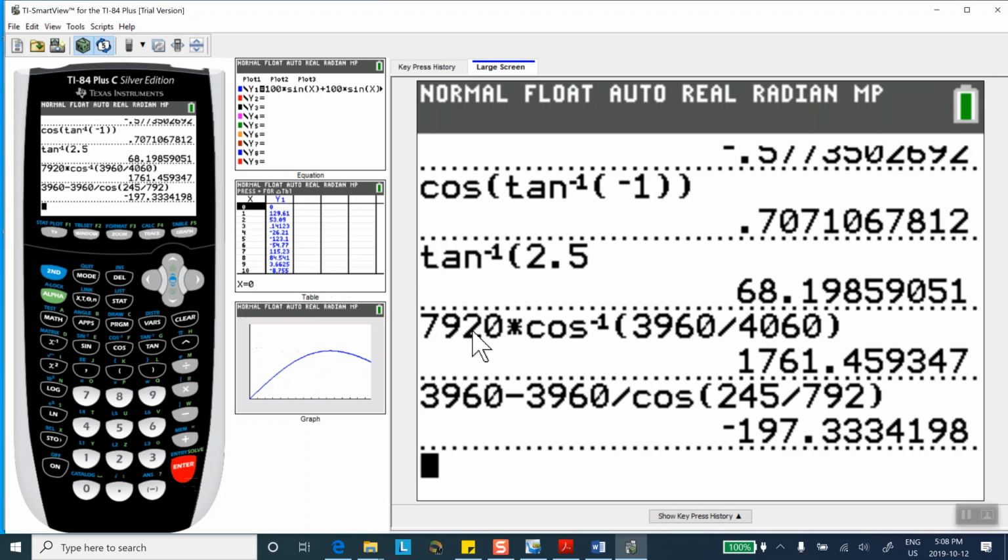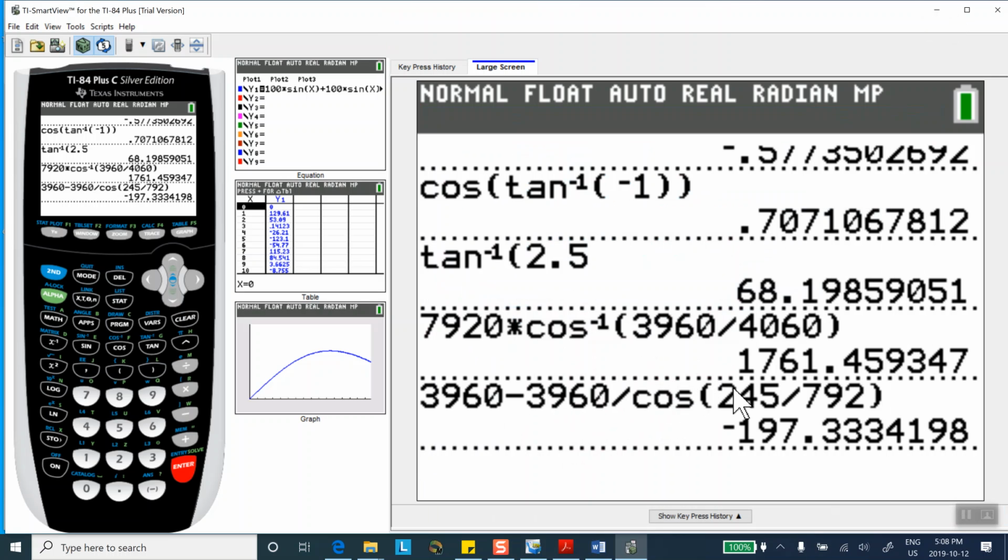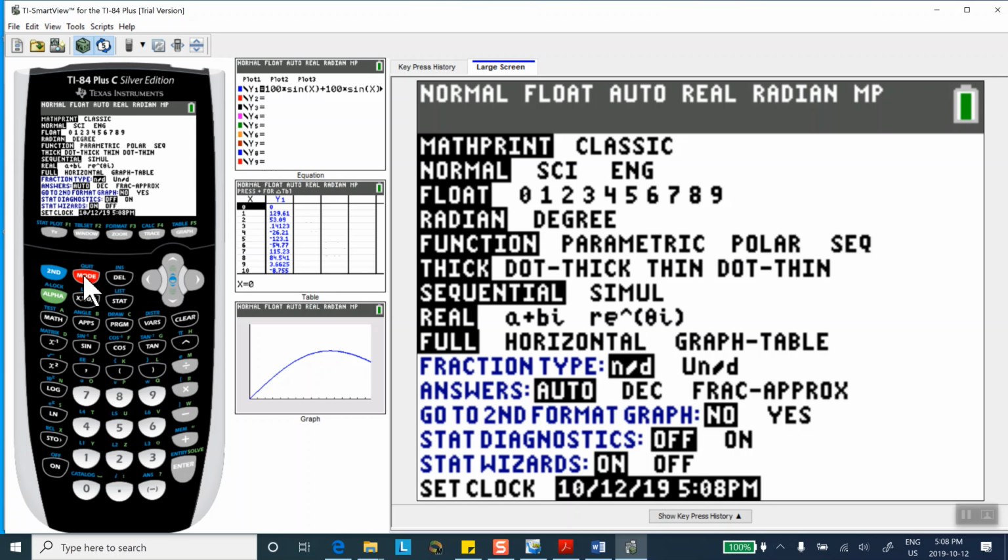Enter. I think I typed these backward. It's this one minus the other one, so definitely something is wrong there. I wrote them backwards. Let me check the mode first. It has to be radians. It is radian, very good. Clear, and back to that screen.